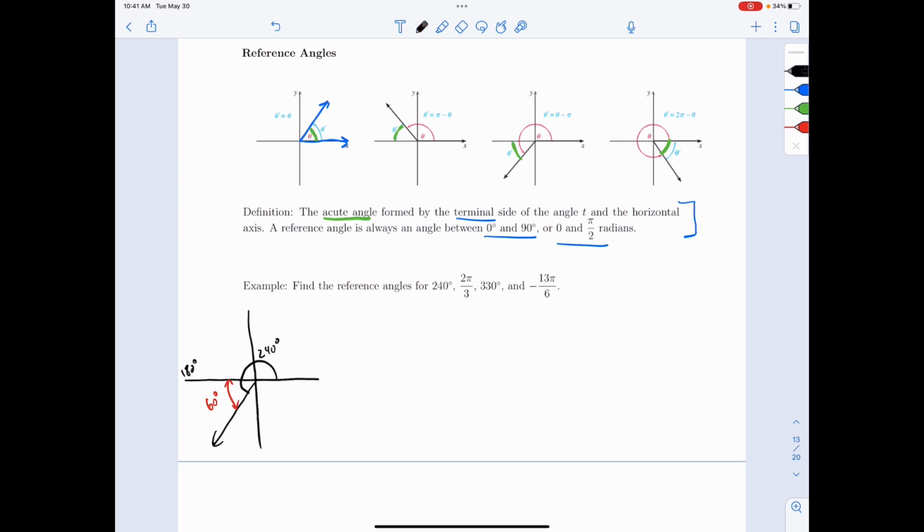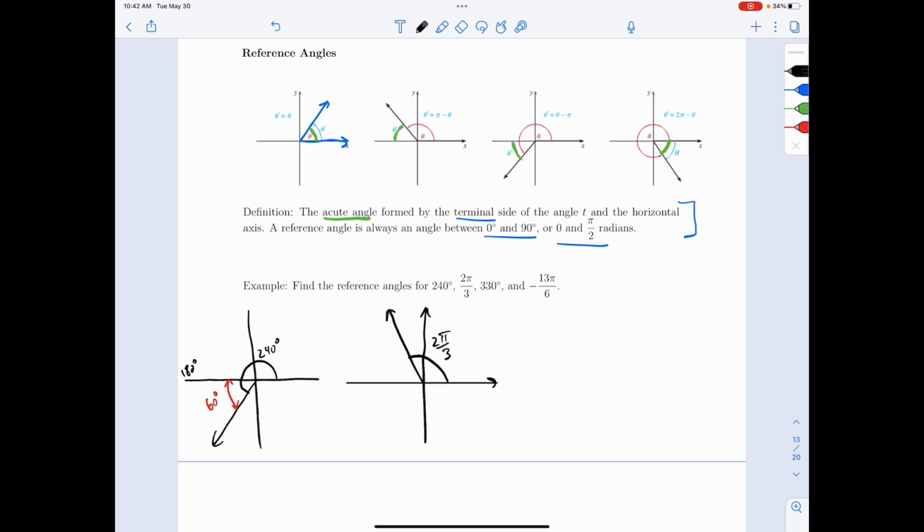The second one, 2 pi over 3. 2 pi over 3 is an angle on the unit circle, and it's less than pi, so it actually looks a little bit more like this. There's 2 pi over 3.